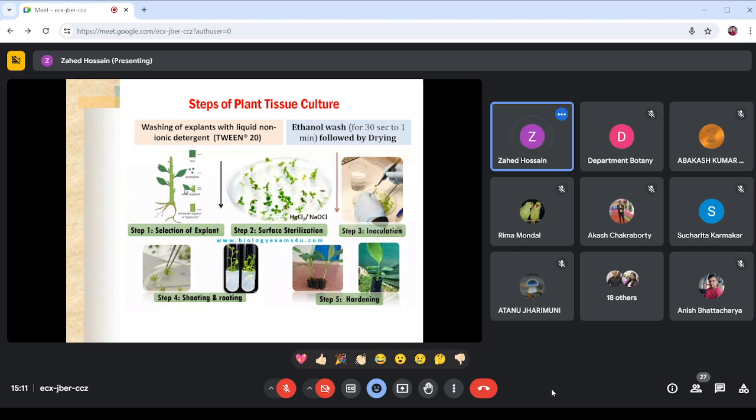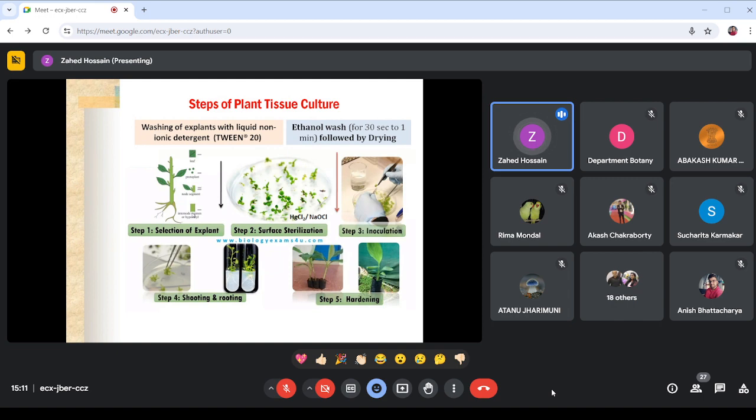After collecting the plant material, you have to select the explant, which part you are going to inoculate. It may be a leaf segment, a protoplast, a node with axillary bud, an internode segment, a root, an anther, or any part. So it depends on your objective.